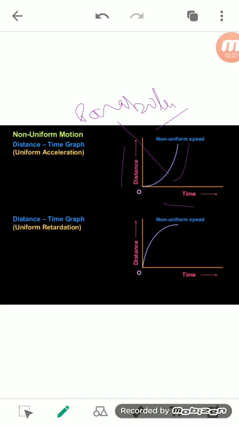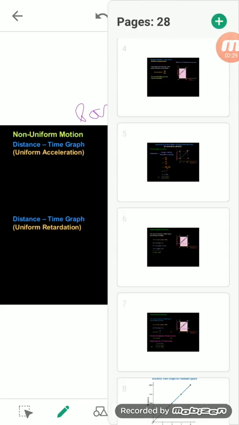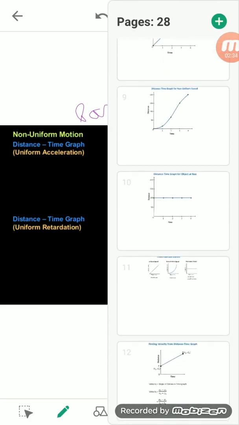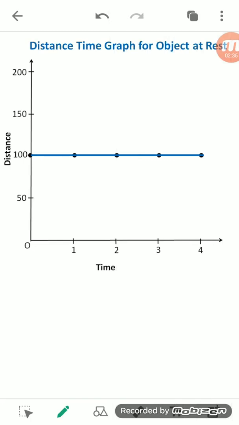So we can get a conclusion from the above discussion. Before that, one more thing. We said in the first one that the distance time graph in case of uniform motion, when a body is moving an equal distance in equal intervals of time, represents the uniform speed, and can be represented by a straight line.